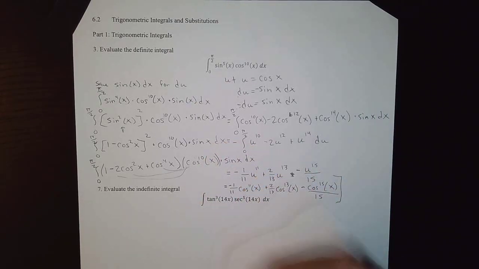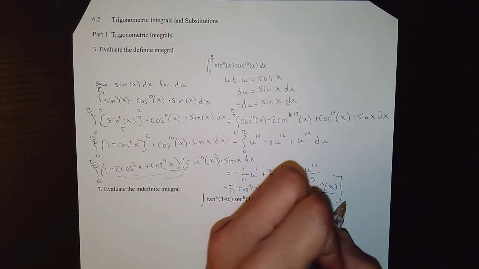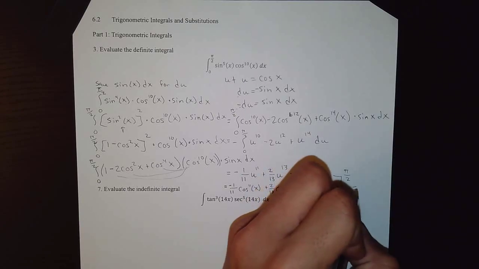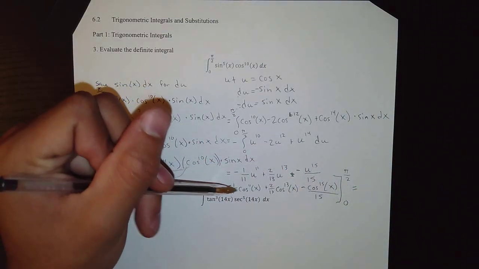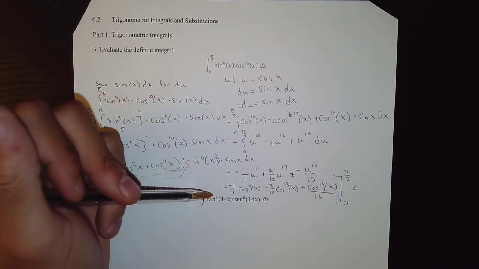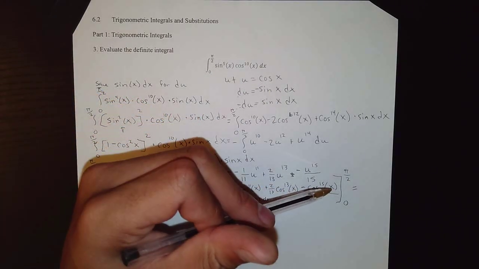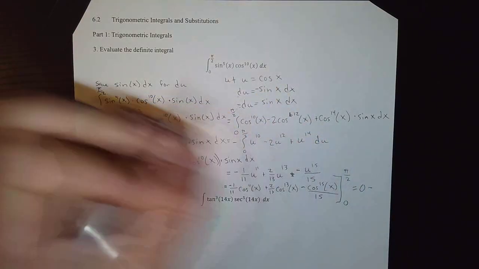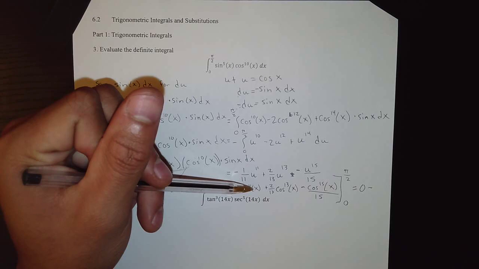And now we would plug in our points. And so we know that the lower limit is 0 and the upper limit is pi divided by 2. And so when we plug in pi divided by 2, cosine of pi divided by 2 is just 0. And so all of these terms would become 0. And so we'd have 0 minus, and now cosine of 0 is 1.